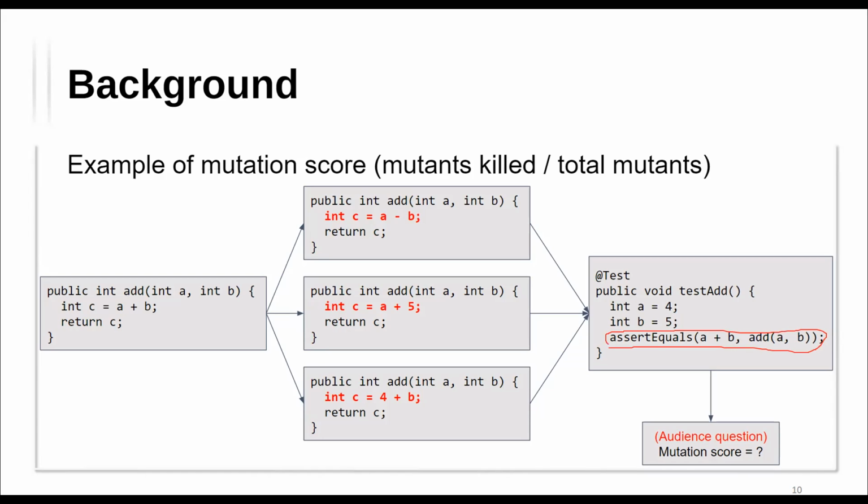So in this case, we just want to test if we insert the mutations. As long as our mutations incur exceptions, then it will be killed by the test, right?